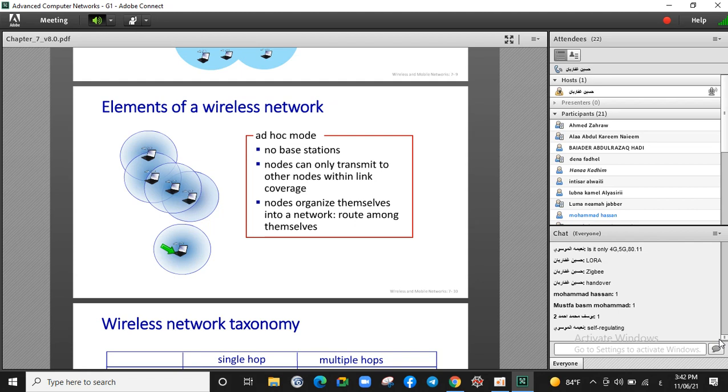But for example, after an earthquake, after a big flood or something like that, we lost everything, especially we lost infrastructures.